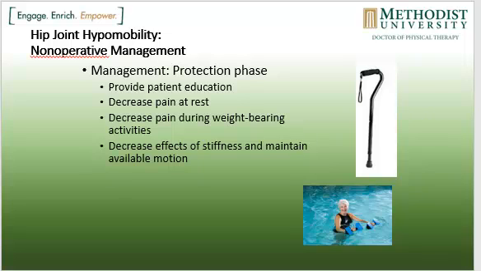We want to decrease their pain at rest, and this can occur through joint mobilizations, grade 1 and 2, decreasing pain during weight bearing, using an assistive device such as a cane if it's a unilateral problem, or a walker if they need more assistance or if it's a bilateral problem, and to decrease the effects of stiffness and maintain available range of motion.